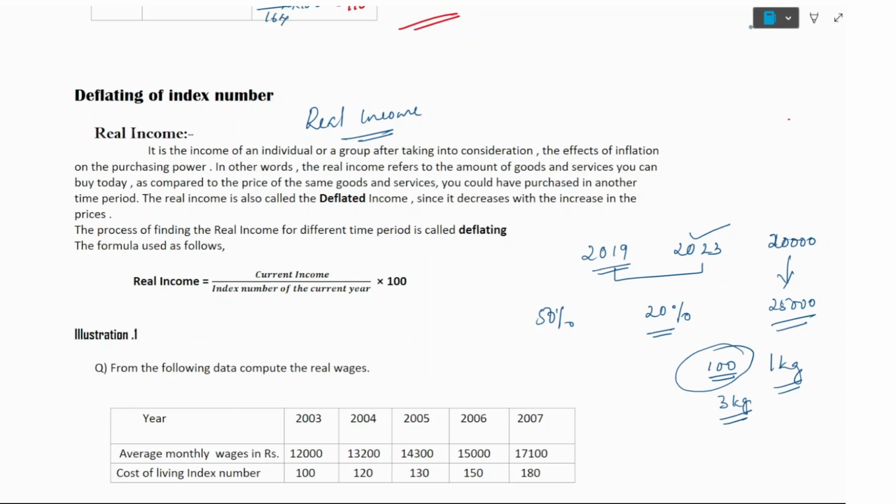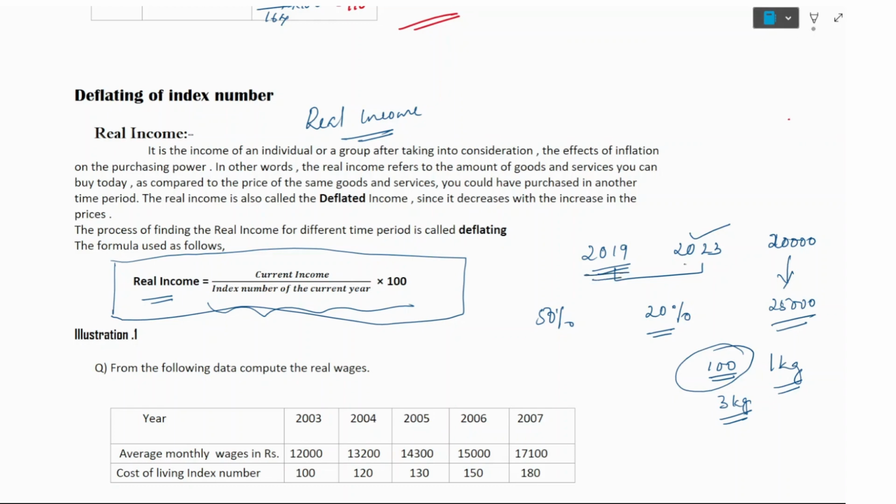Real income is equal to current income divided by the index number of the current year, into 100. This is the formula to correct your income to real income. Even if you are getting 25,000 rupees, how much is the real income in effect if you compare with 2019, or any year you are comparing?